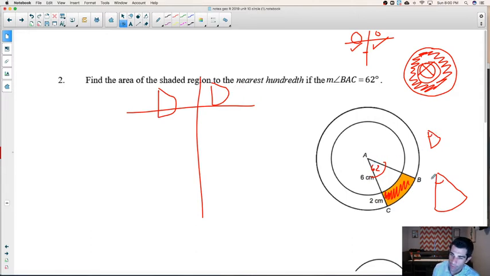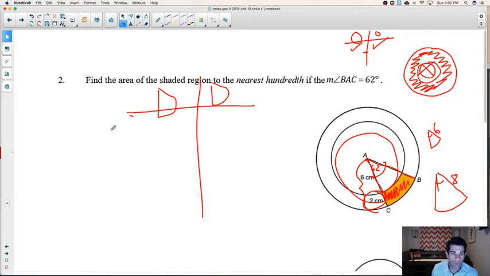Now, the large circle has a radius of AB, which is 8. You have to be careful not to just write 2. You have to write 8. And the smaller circle, which goes from here to here, has a radius of 6. Make sure you're using the correct radii.